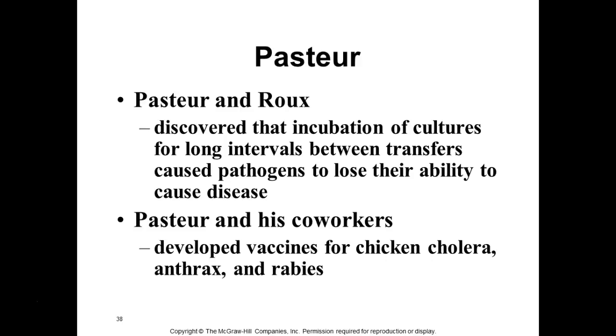So he used this to his advantage. So then they continued on, and they used this to make vaccines against chicken cholera, anthrax, even rabies. Being able to culture these organisms and making them less pathogenic. Not these big, ugly, mean bugs they used to be. They became fat and lazy.